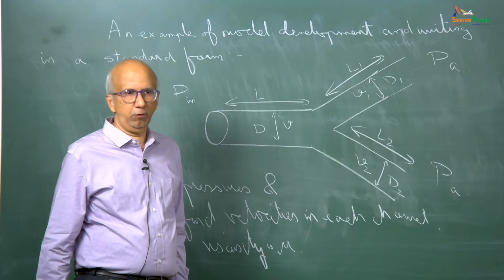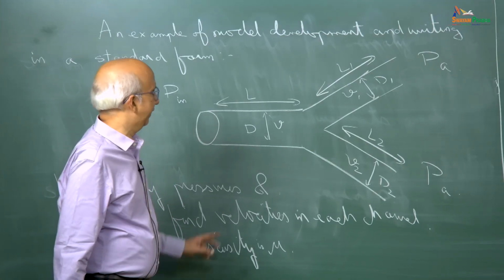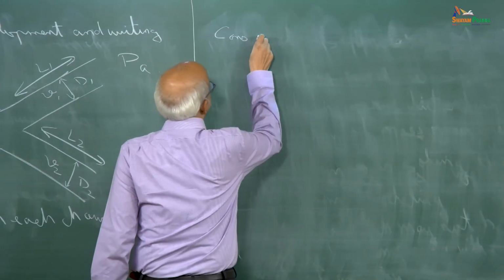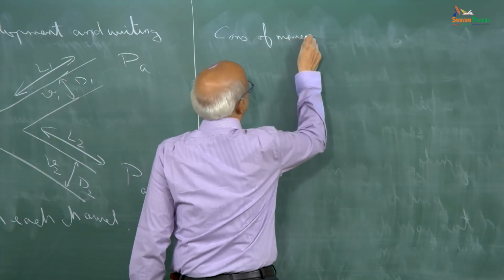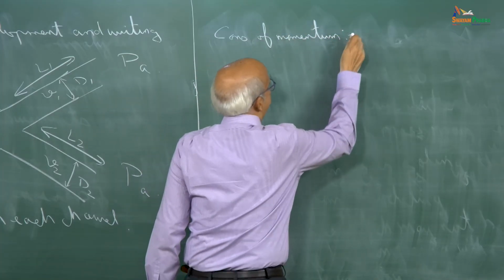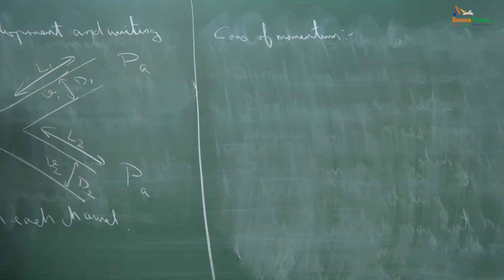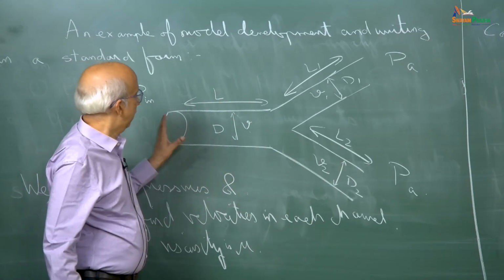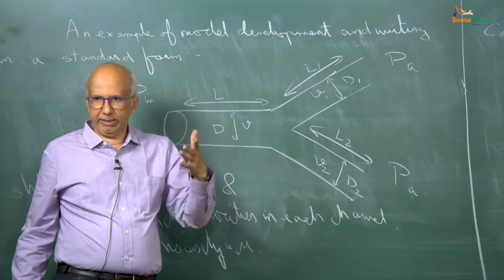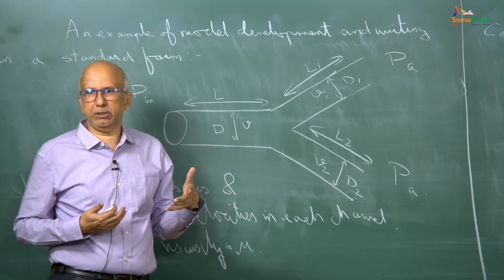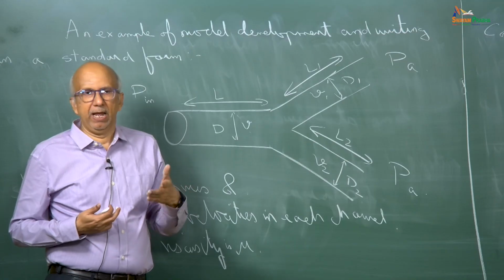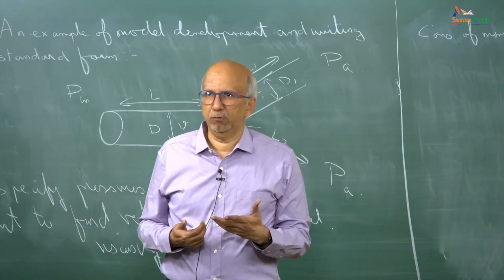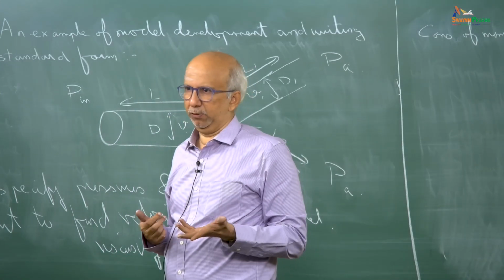So, what I want to do now is try and get these velocities, and so first I am going to talk about conservation of momentum. Now, this is just to illustrate the modeling aspect. This is the modeling part I was talking about. When I am talking about conservation of momentum, you are looking at relating the pressure drop to the velocity field, and you are familiar with the Hagen-Poiseuille equation, which is valid as far as laminar flows are concerned. If your flow is laminar, you can use the Hagen-Poiseuille velocity.